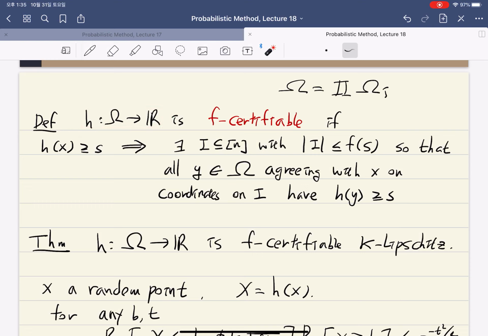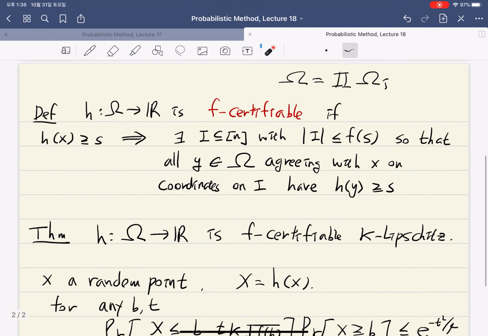We say that such a function, such a random variable, is f-certifiable if whenever we have a point in this probability space which has a high h value, then we can specify not too many coordinates I, so that all points which have the same values on those coordinates in I all have h value at least s. If such a thing exists, then we say this is f-certifiable.